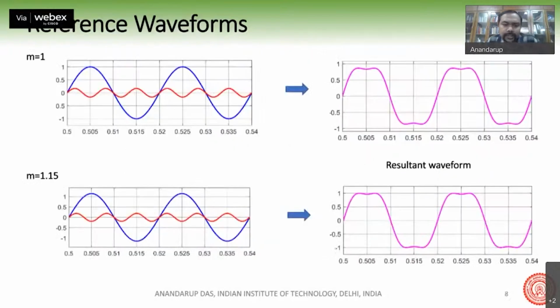This is shown by these examples, where you can see on the top diagram m equal to 1 and on the lower diagram m equal to 1.15. At m equal to 1.15, the fundamental has actually crossed 1, but the resultant waveform is just able to touch the 1 and -1 lines.